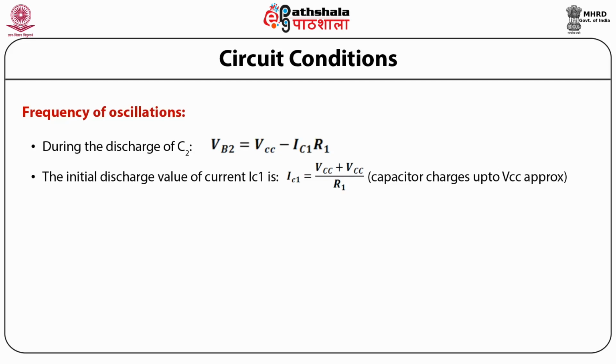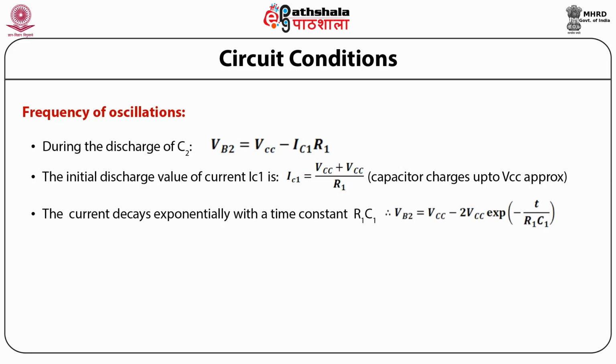The initial discharge value of current IC1 is 2 VCC by R1, that is, the capacitor charges up to VCC approximately.